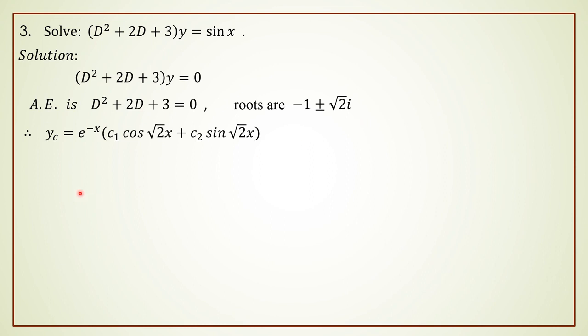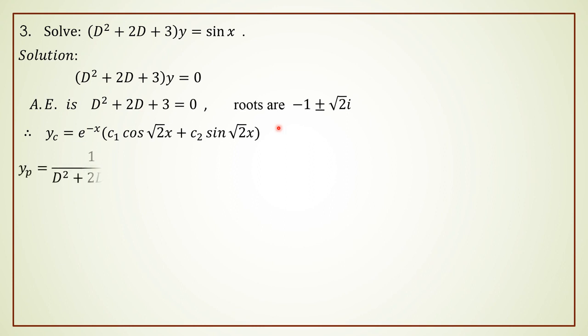Therefore, the complementary function is yc is equal to e to the power minus 1 into x, because the real part over here is minus 1, into c1 cos root 2x plus c2 sin root 2x. This is the complementary function of the given differential equation.